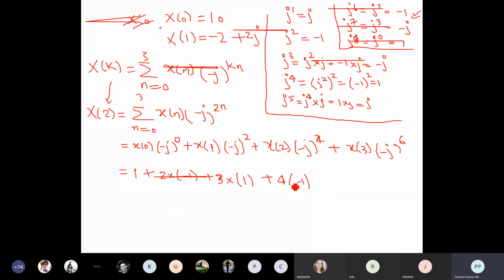After solving, we get 1 minus 2 plus 3 plus 4.